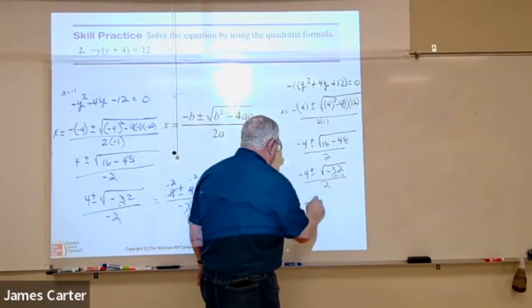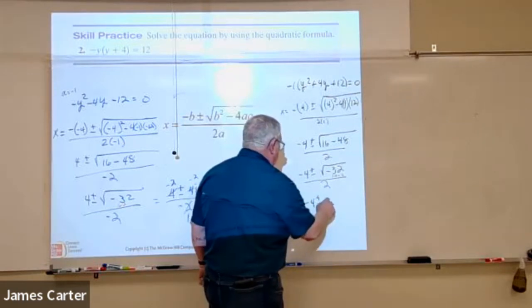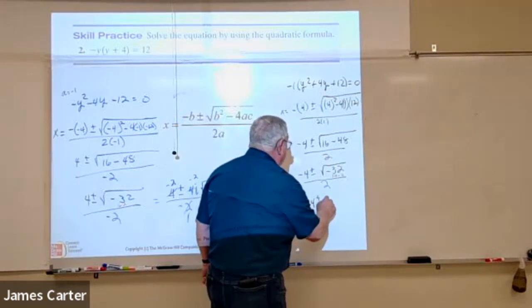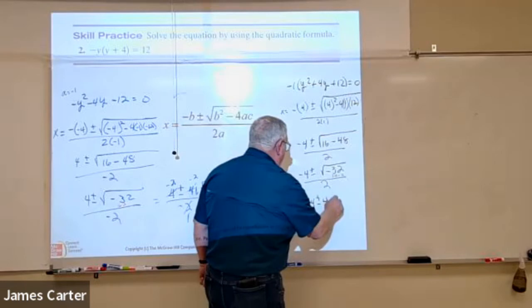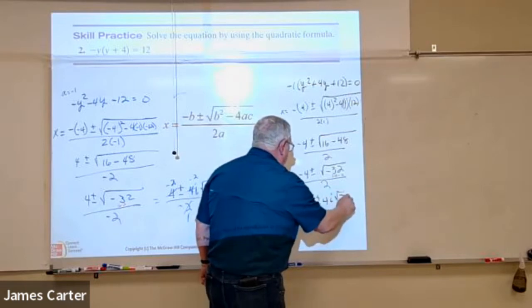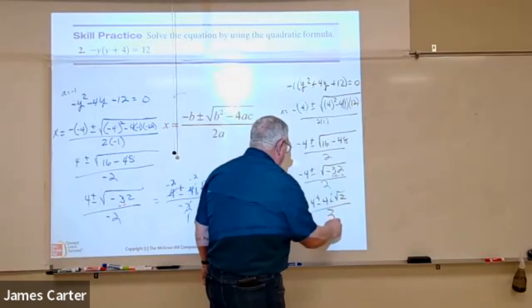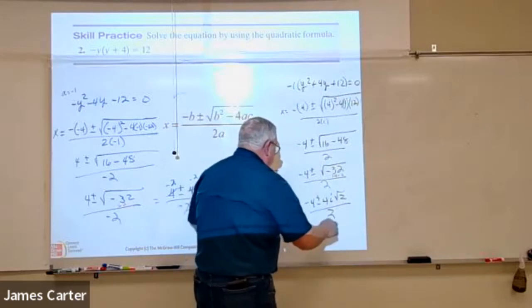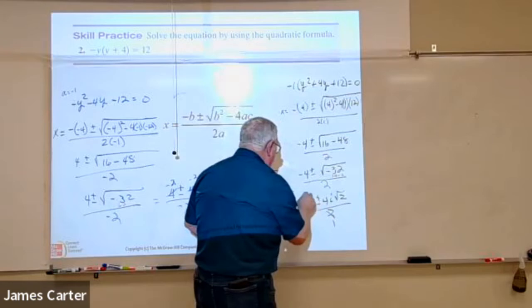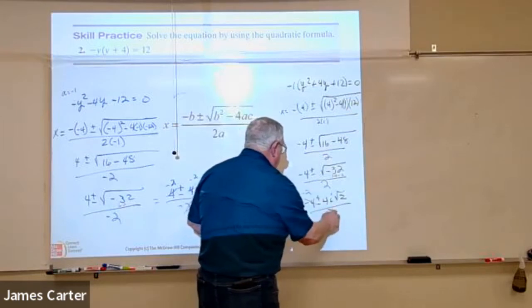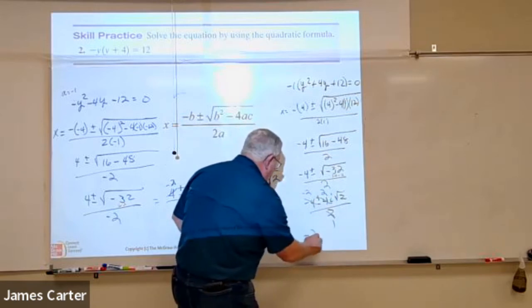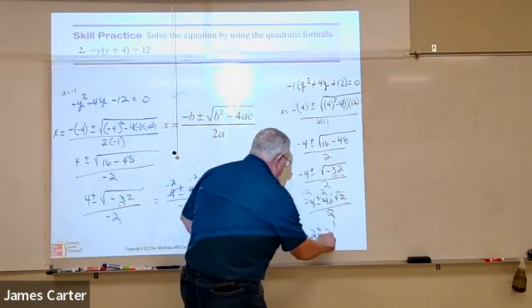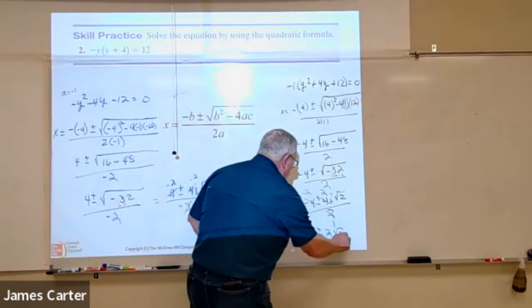So I've got -4 plus or minus 4i radical 2 all over 2. This 2 goes once into that one, -2 times. This 2 goes into that, positive 2 times, and I've still got the plus or minus, so it's -2 plus or minus 2i radical 2.